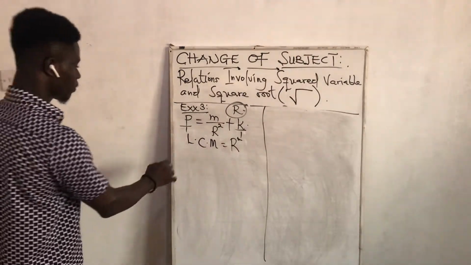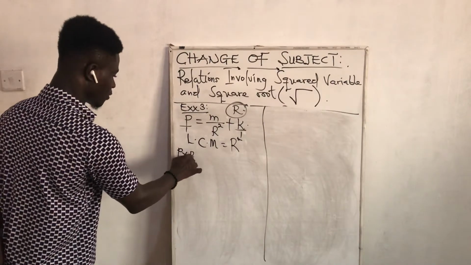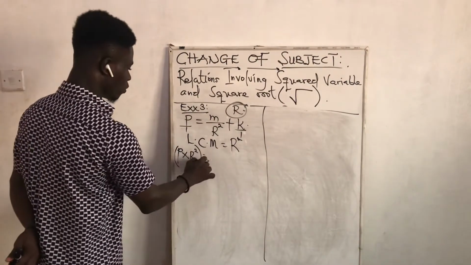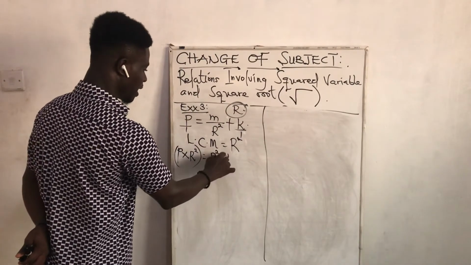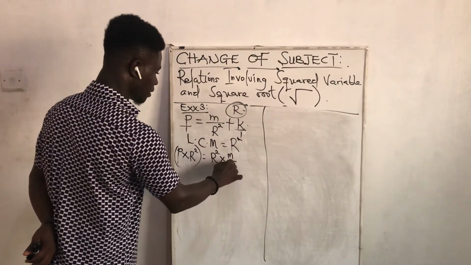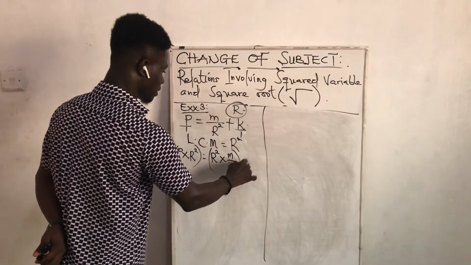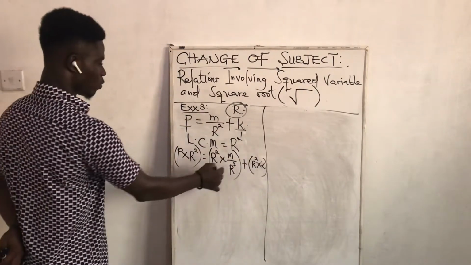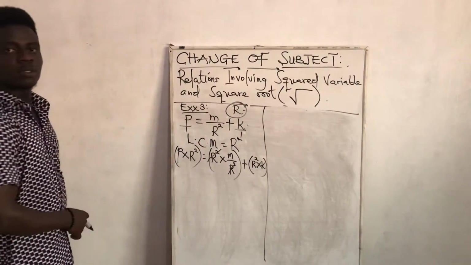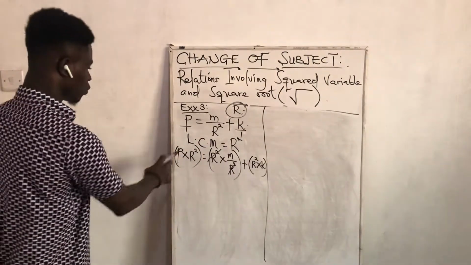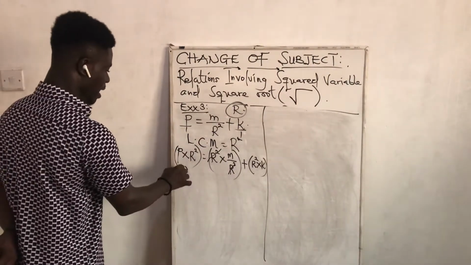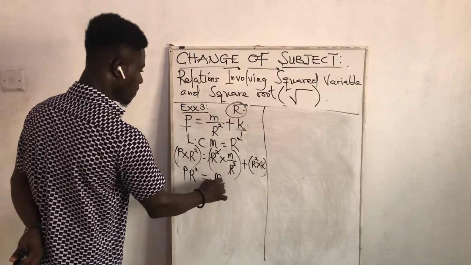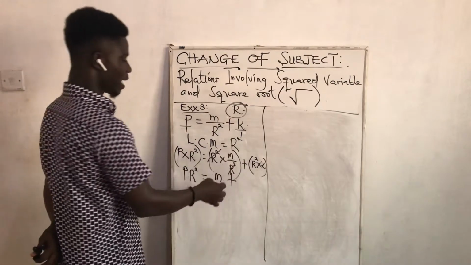Okay, so P times R squared, I'm multiplying each term by R squared, equals R squared times M on R squared, then plus R squared times K. So R squared cancels R squared, and I get PR squared equals M plus R squared times K.